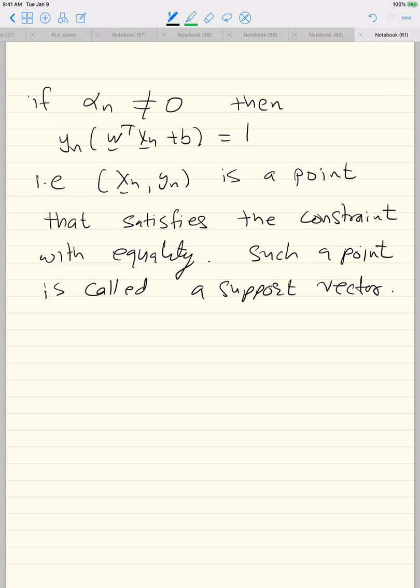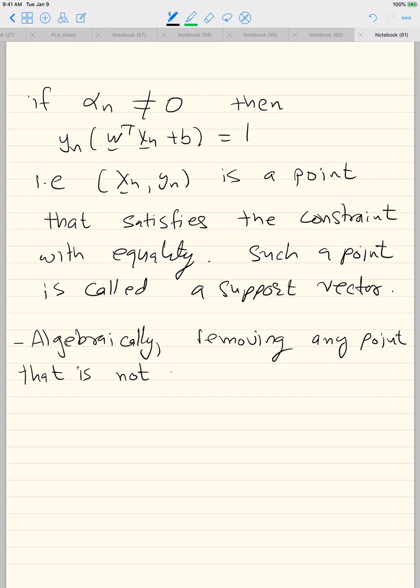Why do we call it a support vector? Well, what it means is that algebraically, removing any point that is not a support vector will not change the decision boundary.